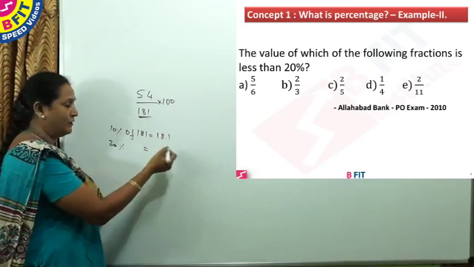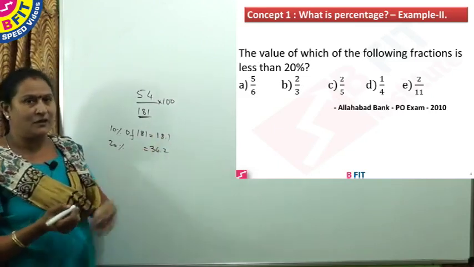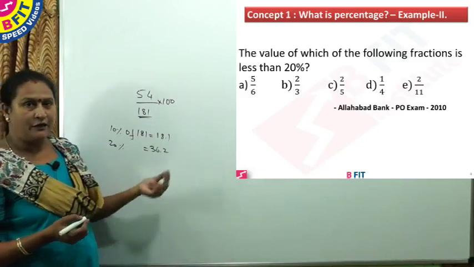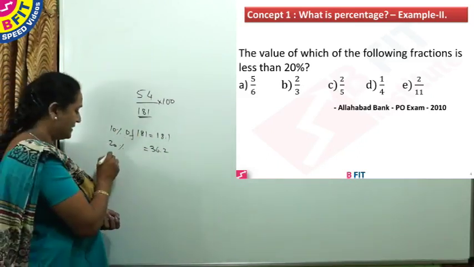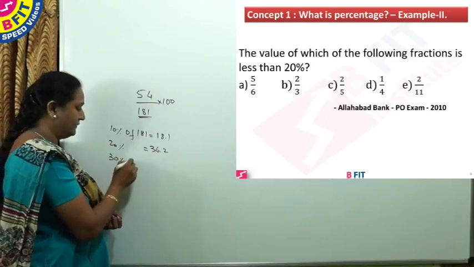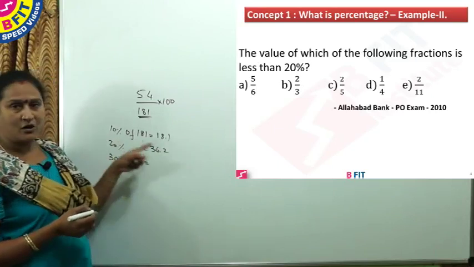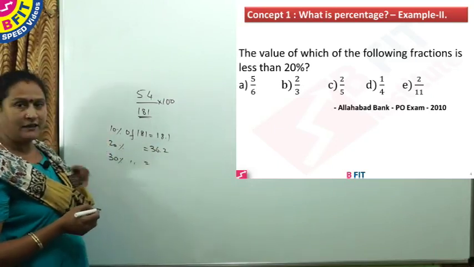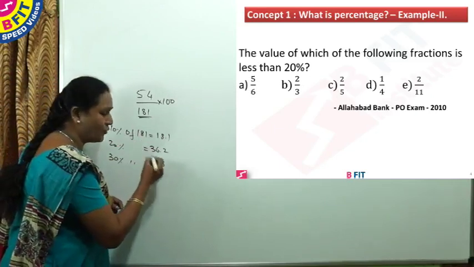It is 18 into 2, it is 36 point, so you can avoid this one also. So 36.2, and the numerator is more than 20%. So we'll go for the next multiple of 10, which is 30%. Multiplying 3 on either side, 3 into 10, 30%, 3 into 18.1, it is 54.3.